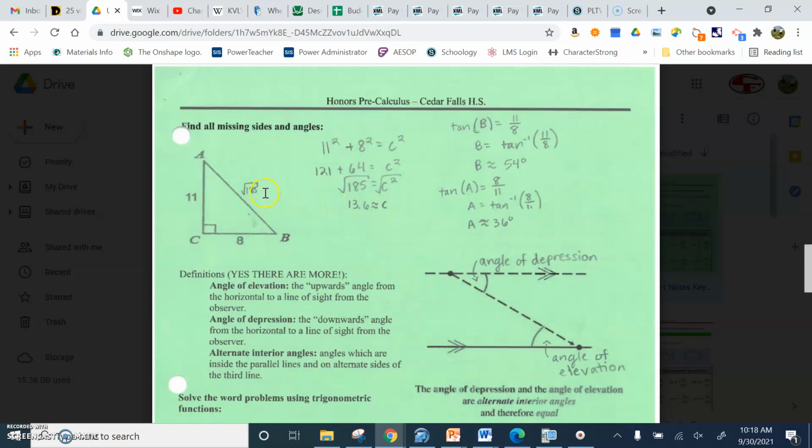One thing I do want to note, the final answer here is just simply written as the square root of 185. And I wanted to say that is a perfectly acceptable answer. In fact, not only is it acceptable, I would call it a preferred answer to the rounded version, 13.6, whatever it is.